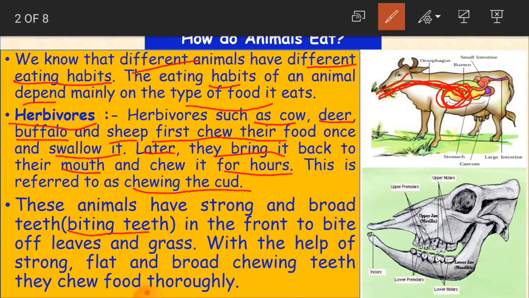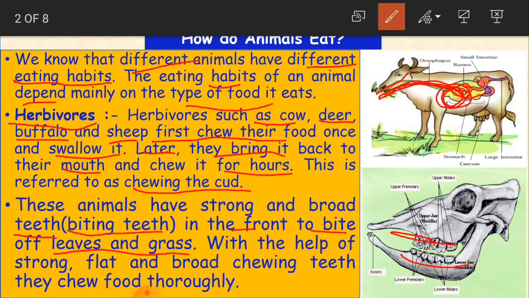We call them biting teeth. They have very strong and broad teeth in the front to bite off leaves and grass.